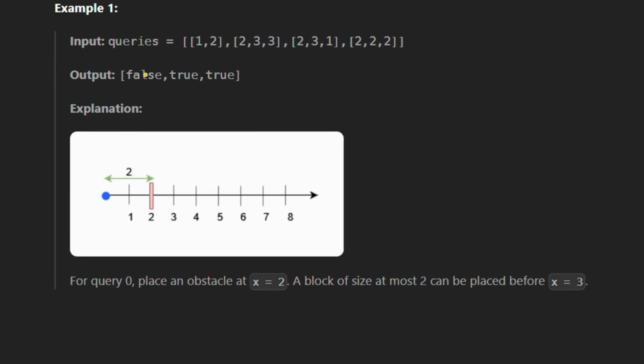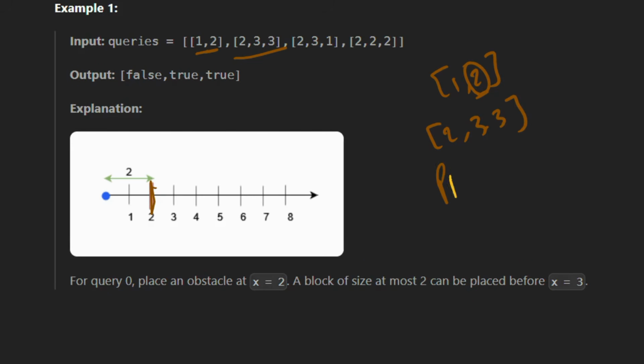If you see, this is a type 1 query in which we have to put an obstacle at index number 2. So at index number 2 we have put an obstacle. Then this is a type 2 query 2 comma 3 comma 3.